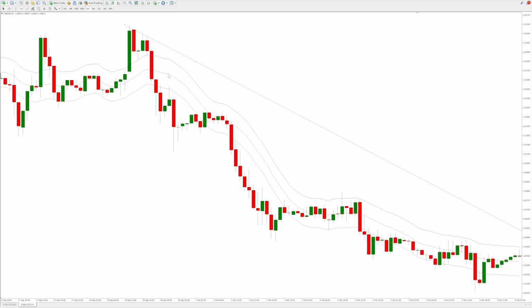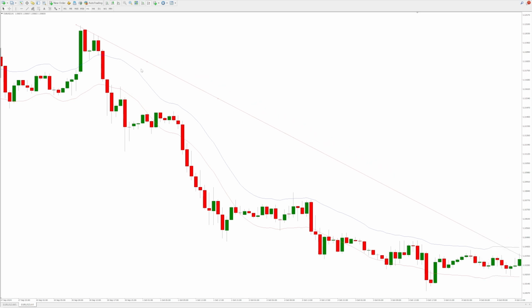So let's just remove that moving average and then look at, if we were here watching this unfold and we were considering a short entry on this downtrend, we can look for support and resistance. I think that's the minimal you should be doing in terms of price action, regardless of the indicator that you're using.